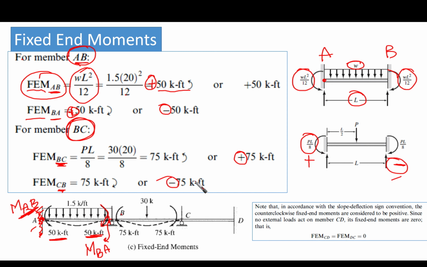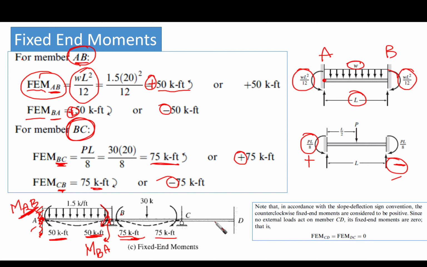Then we're going to apply them as they are on our beam, which is 75. We found that they are going to be the same, 75 and 75. So here 75 and here 75, counterclockwise, clockwise. Okay, what about the last span, CD? Will fixed end moments be developed?